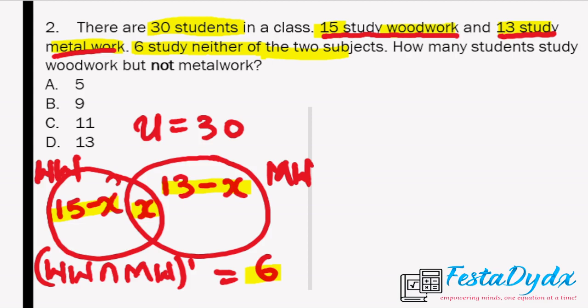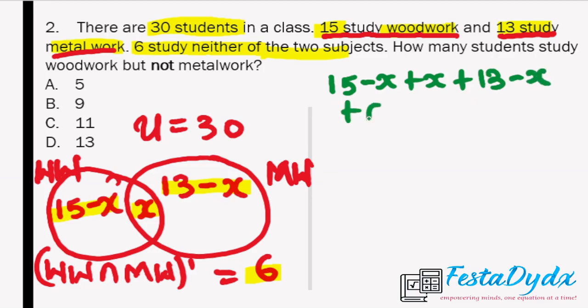So we have 15 minus x plus x plus 13 minus x plus 6 all equal to 30.